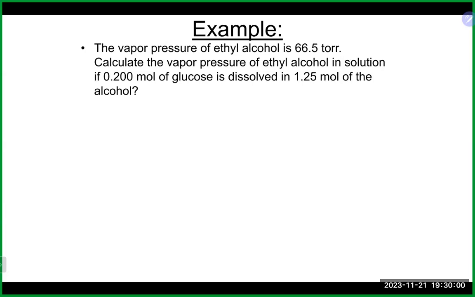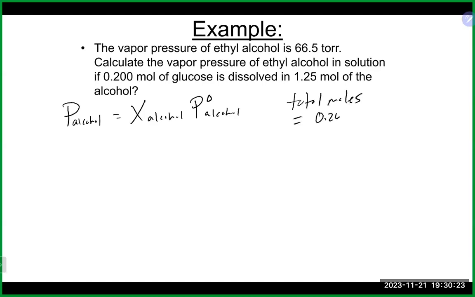Okay, so let's take a look. We're going to use our vapor pressure formula. The vapor pressure of the alcohol would be the mole fraction of the alcohol times the vapor pressure of the pure alcohol. So we do need to figure out our mole fraction. Our total moles in this case would be our 0.2 plus our 1.25, which gives us total moles of 1.45.